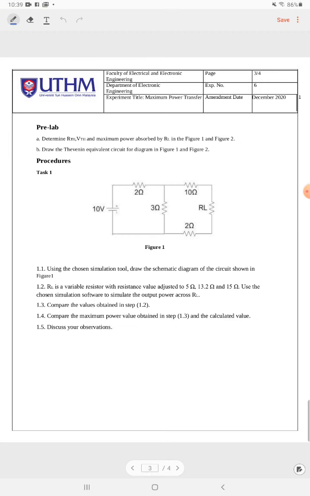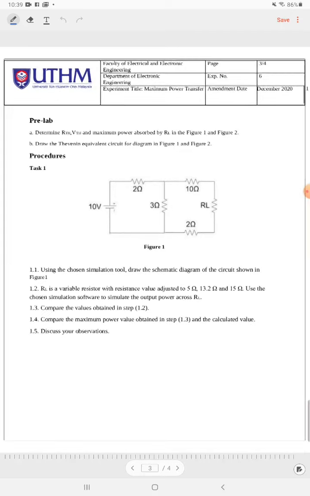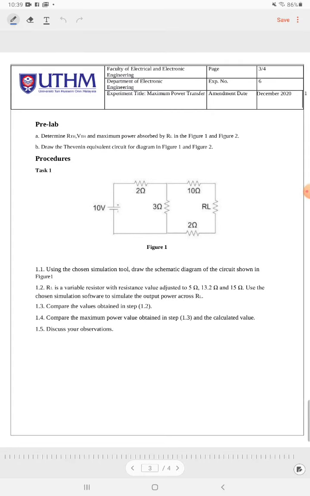Okay, so this is the task that you need to do in this experiment. Task 1: using the chosen simulation tools, draw the schematic diagram of the circuit shown in figure 1. RL is a variable resistor with resistance value adjusted to 5 ohm, 13.2 ohm and also 15 ohm.